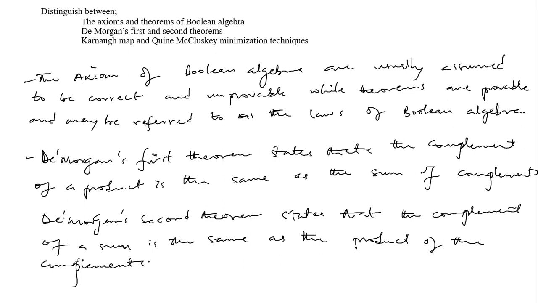Right? So then we have Karnaugh maps and Quine-McCluskey minimization technique. So let's write this.